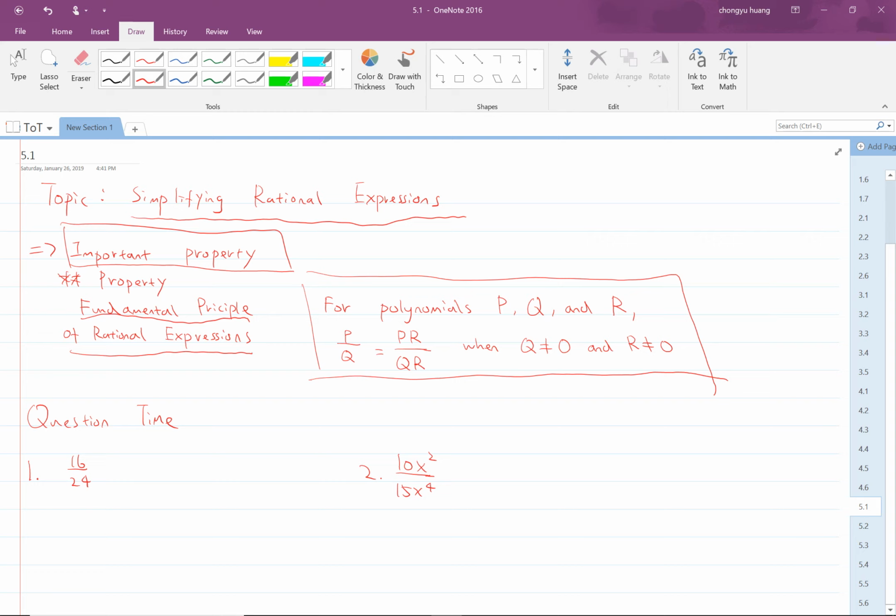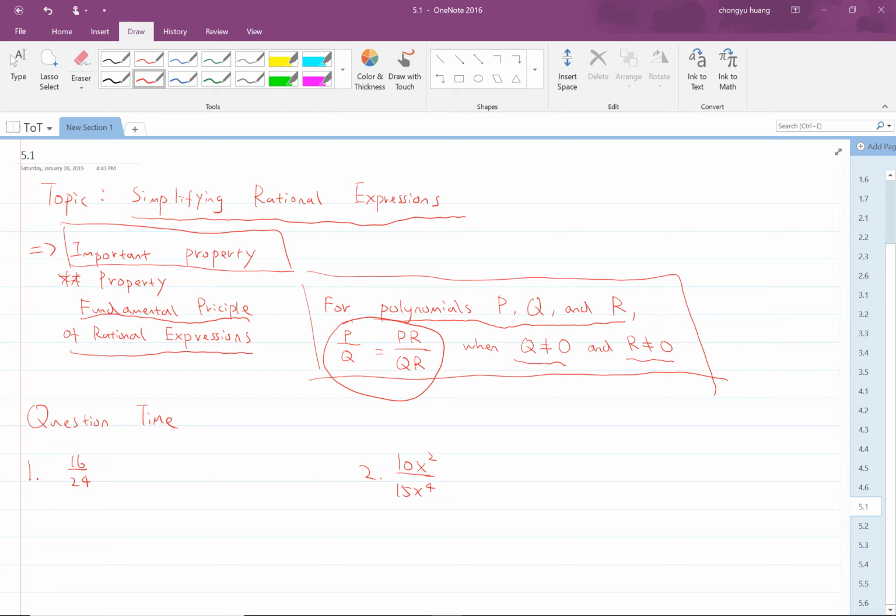We basically have polynomials P, Q, and R, and the property says that P over Q is equal to PR over QR, and you guys always know it. We just cannot let the denominator equal 0.